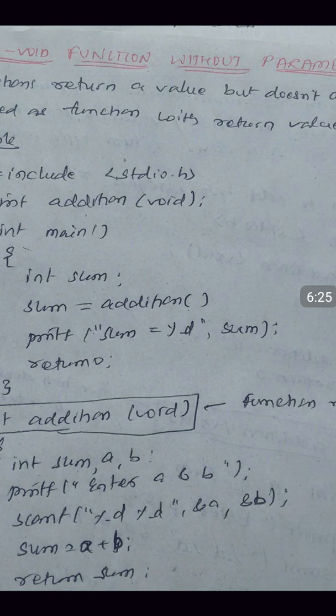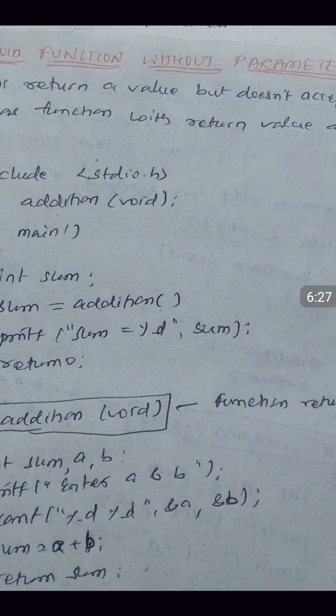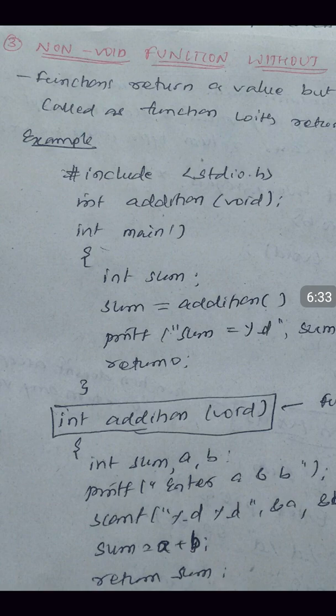In the function call we have defined printf sum is equal to %d of sum. So this sum comes from the output of the function definition. So this is an example of a function that is not accepting any parameter, but it will return the integer data type.